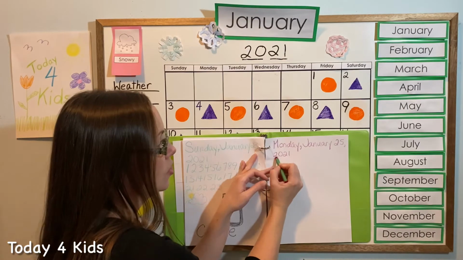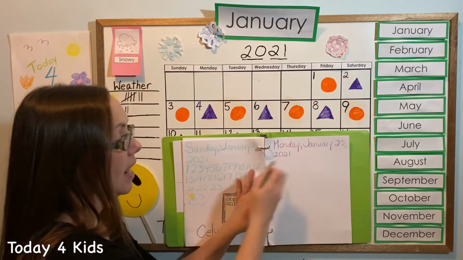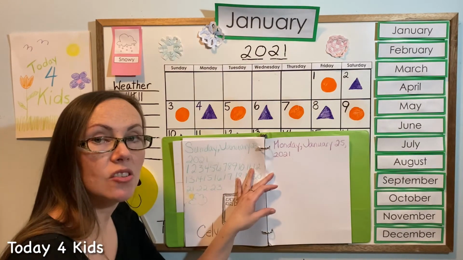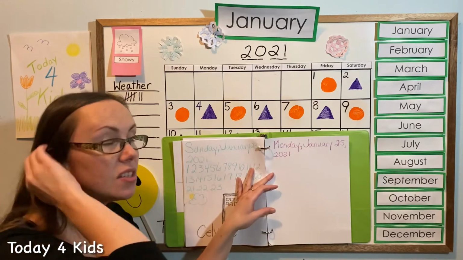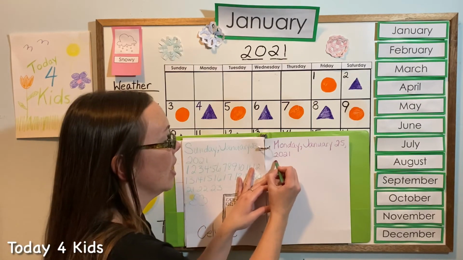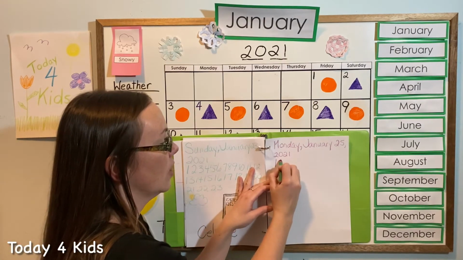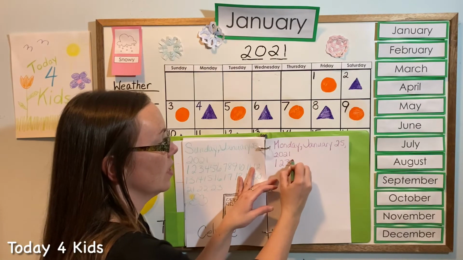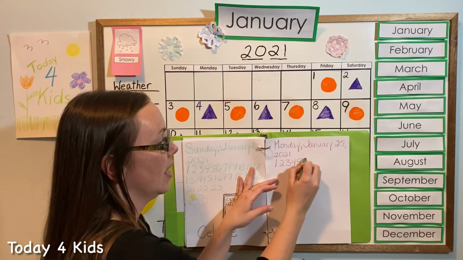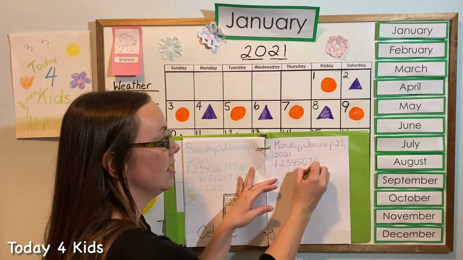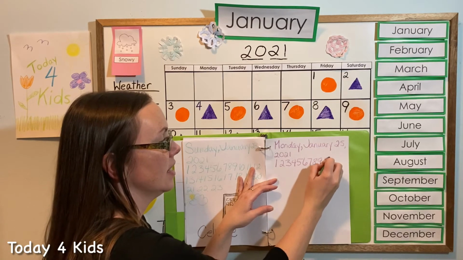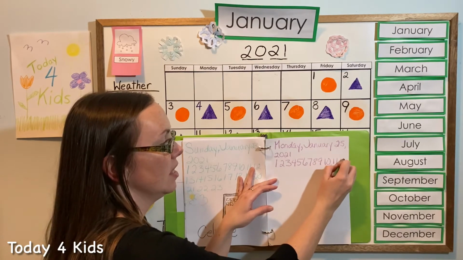2021. And then I'm going to practice making my numbers all the way up to 25 because it's the 25th today. So let's practice so we get really good at making our numbers. 1, 2, 3, 4, 5, 6, 7, 8, 9, 10, 11, 12.